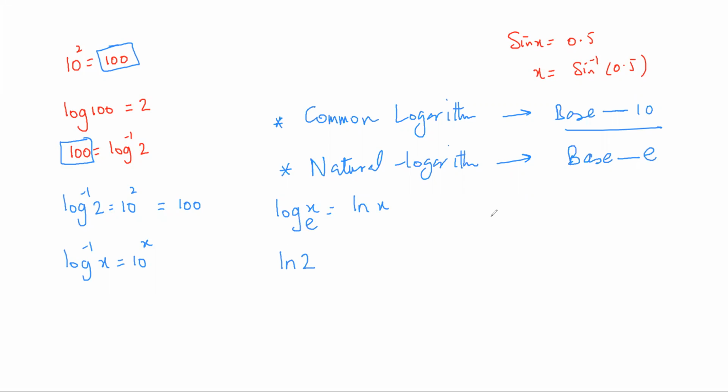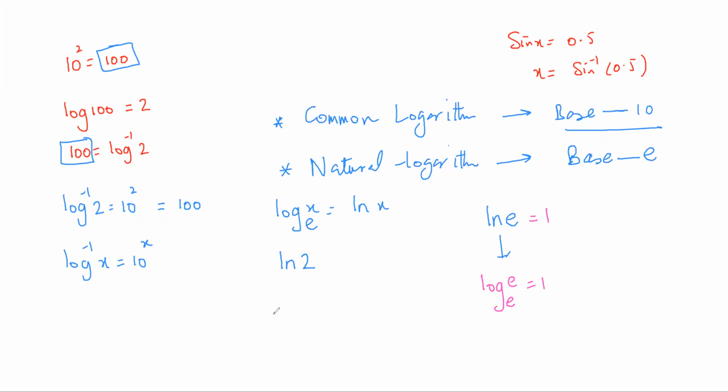Therefore, if the base is e, what should ln e be? This ln e is basically the same as writing log to the base e of e. Both are the same, so that is equal to 1. Therefore, the natural log of e is also equal to 1.